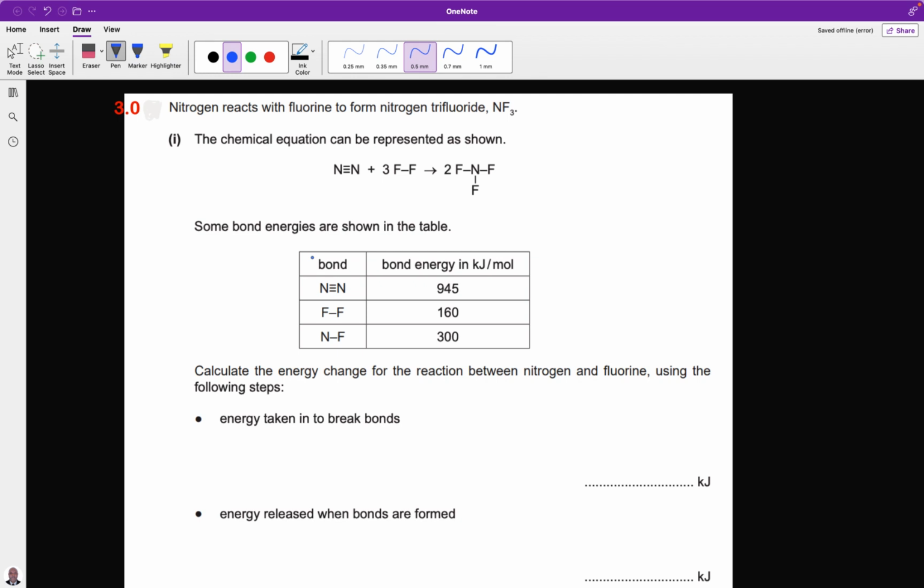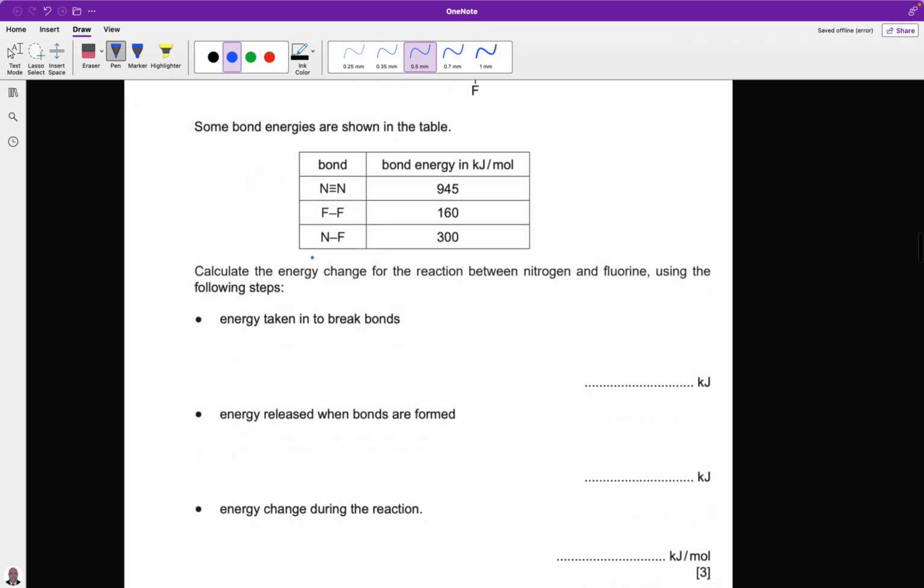The chemical equation can be represented as shown. We have nitrogen triple bond, 3 molecules of fluorine to give 2 moles of nitrogen trifluoride. Some bond energies are shown in the table below. We have the bond energy in kilojoule per mole.